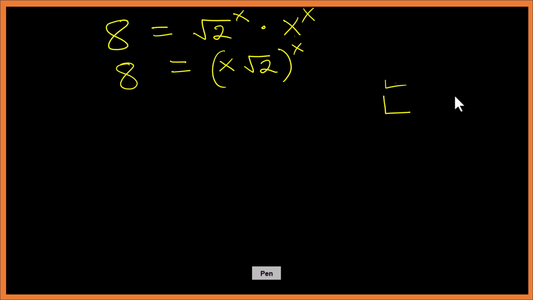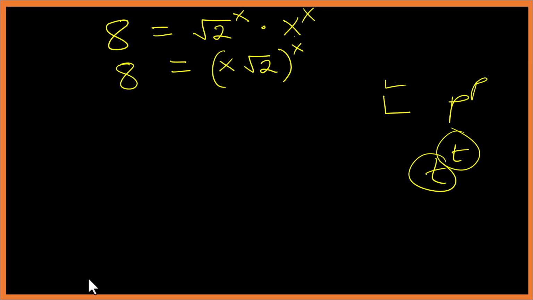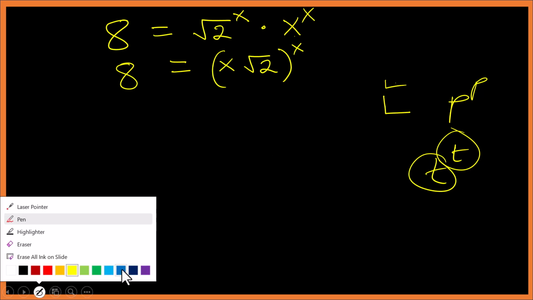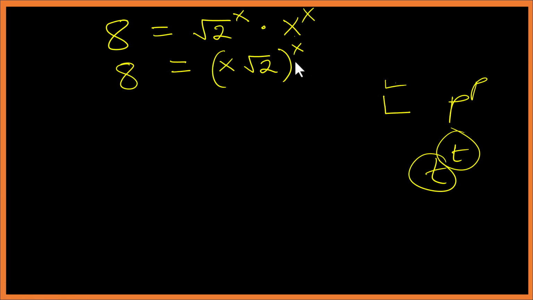So if it is p raised to p, t raised to t, we want to make the base and the power equal. All right, that's the only trick in the question. So we are going to adjust the powers here. Now we have x times square root of 2, so if I put 2 here, this side and this side will be equal.